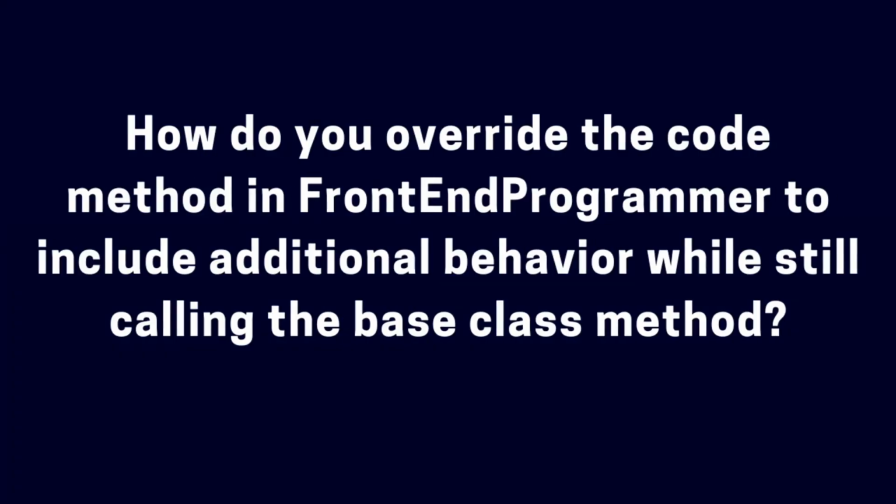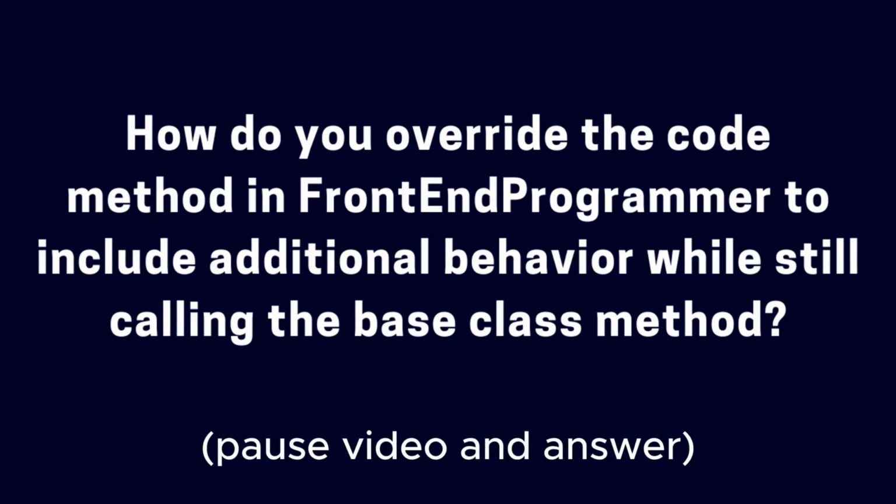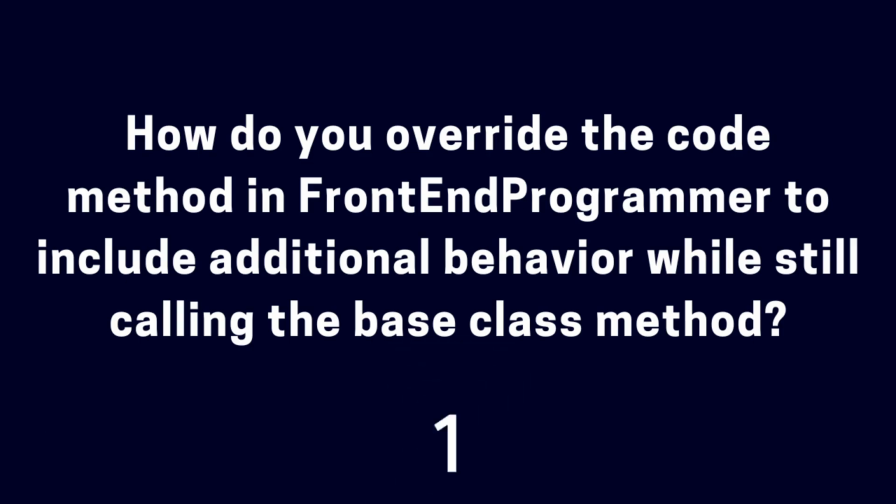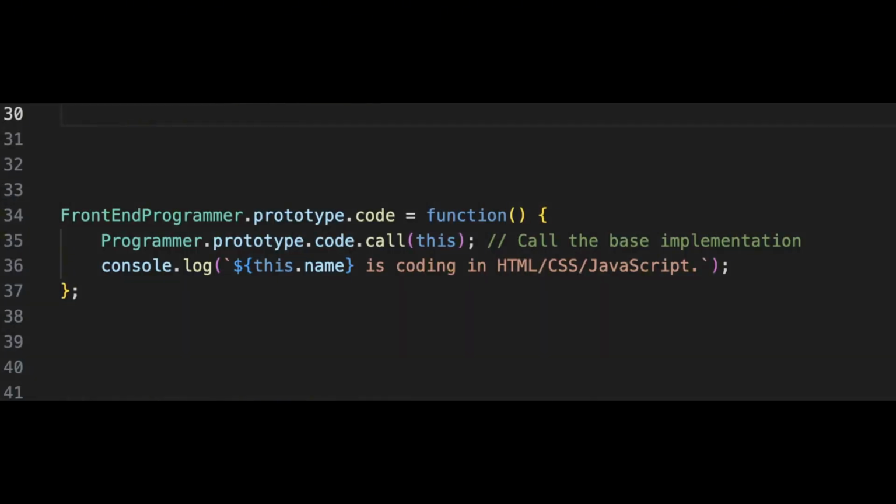How do you override the code method in front-end programmer to include additional behavior while still calling the base class method? To override the code method in front-end programmer and include additional behavior while still calling the base class method, you could do the following. First, you would define the new code method on front-end programmer.prototype.